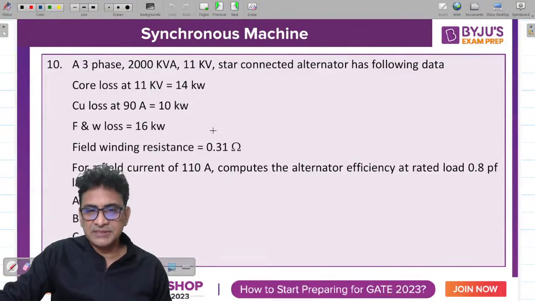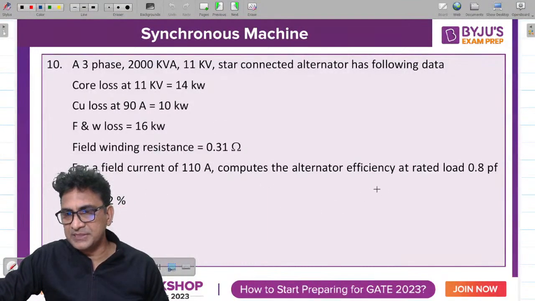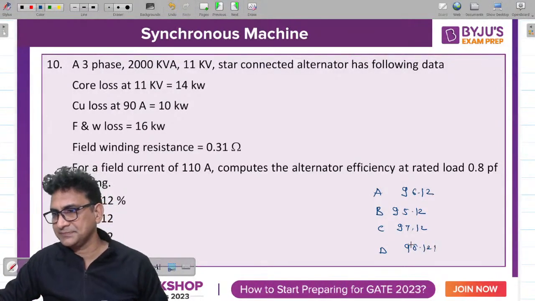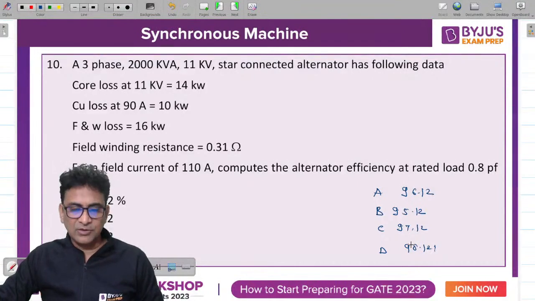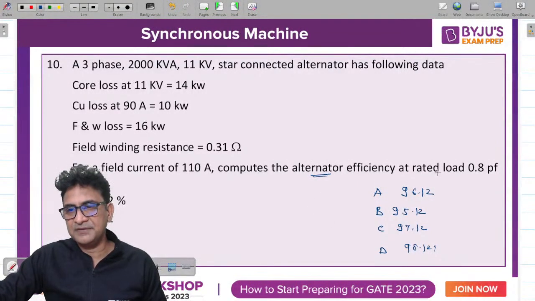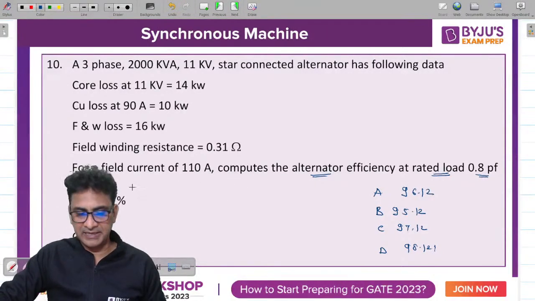Since it is not visible, I am writing the options here. A option is 96.12, B option is 95.12, C option is 97.12, and D option is 98.12. So losses are given. You have to find the alternator efficiency at rated load and 0.8 power factor lagging.